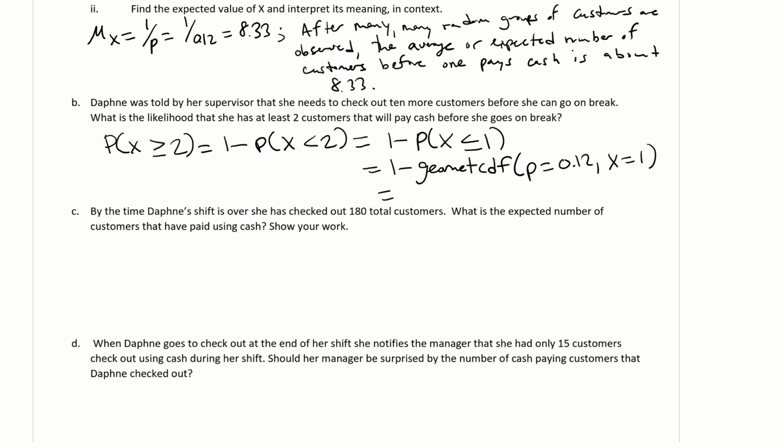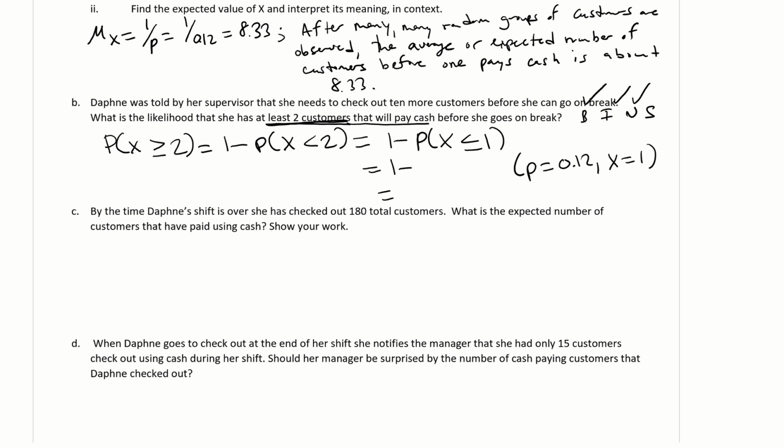So if we do that, we would get, not geometric, binomial. This is a binomial because it says the likelihood that she has at least 2 customers that will pay cash. That means we're not doing the first customer pays cash; we want 2 customers that pay cash. So this is binomial. Let me write that out. Binary, each one is independent. The number of trials is fixed.